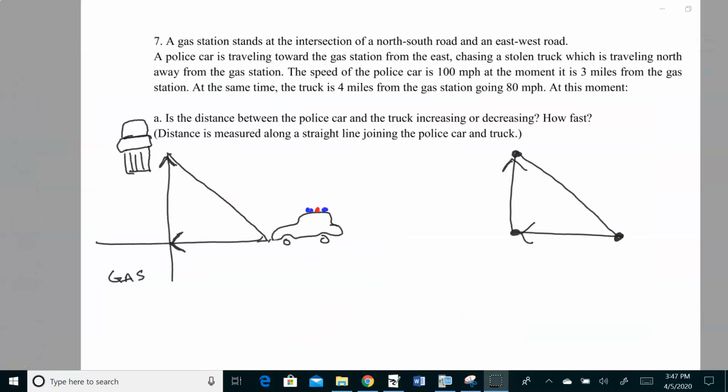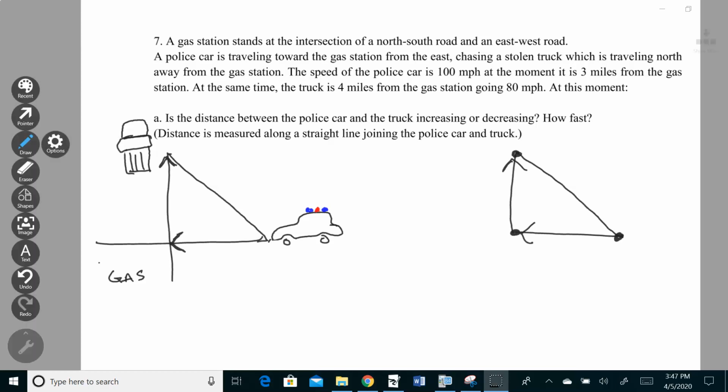Okay, here's my scenario. Here's my little drawings. I know they're crude, but I don't really care. Okay, we have a gas station. A police car is traveling towards the gas station from the east. That means he's going east to west, chasing a stolen truck, which is traveling north away from the gas station. Let's pick on somebody.